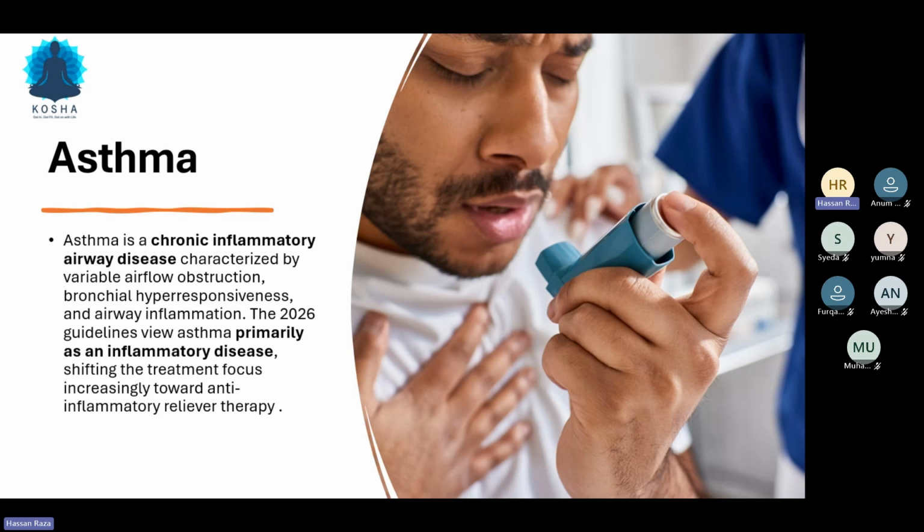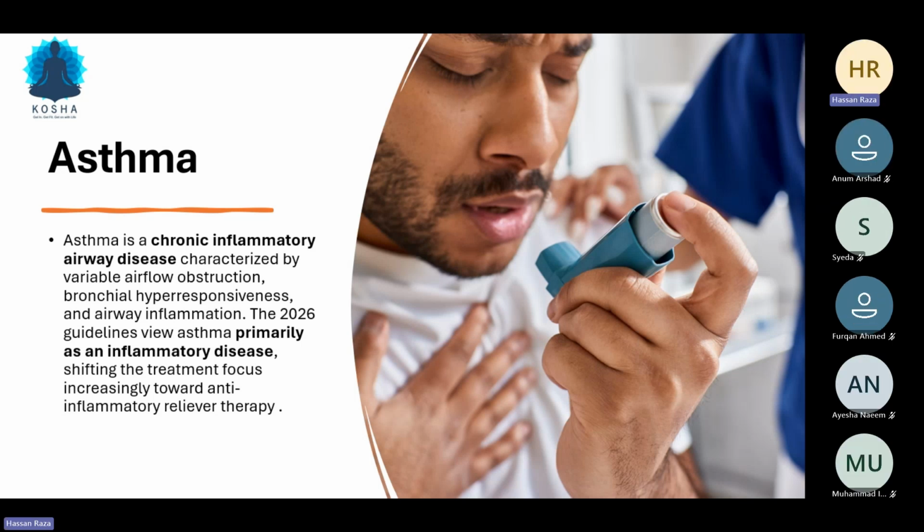But sometimes they do not have this asthmatic attack; they may have normal airflow. That is why the guidance defines asthma as a chronic inflammatory airway disease with variable airflow obstruction. And you will see why.